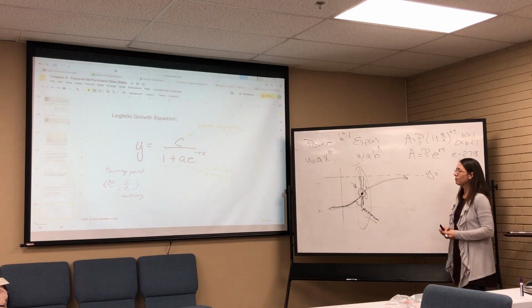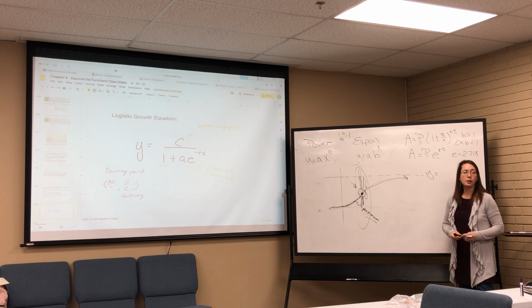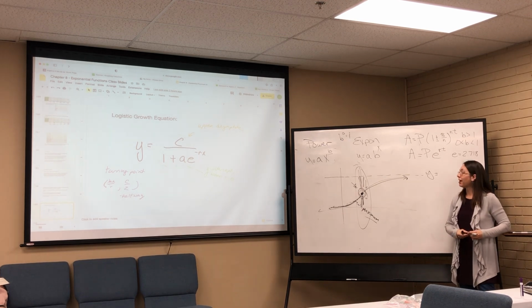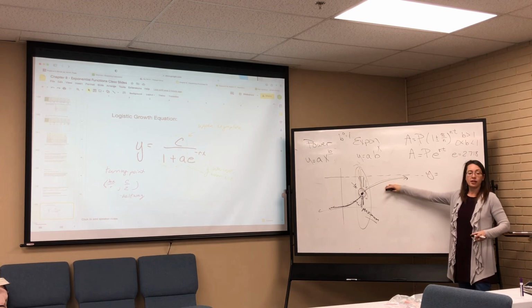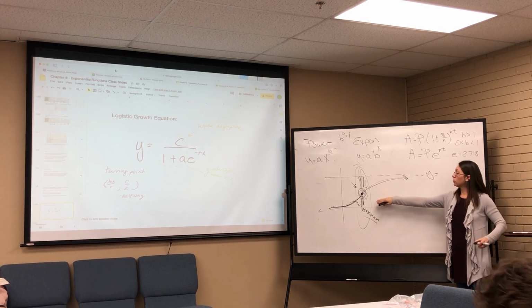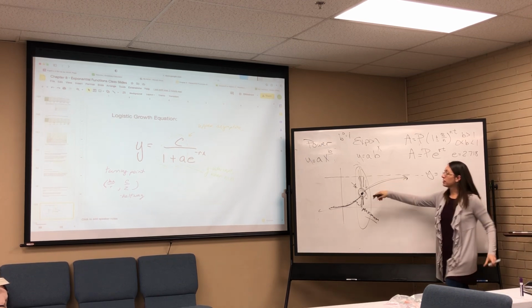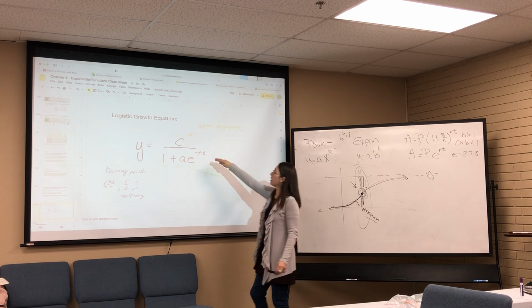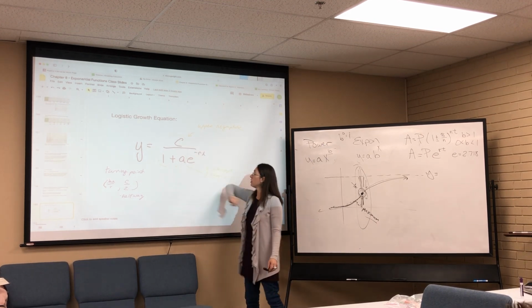But when you see this, we need to be able to look at a graph that has some growth area and some slower growth area and say that my upper asymptote is my C value, okay?